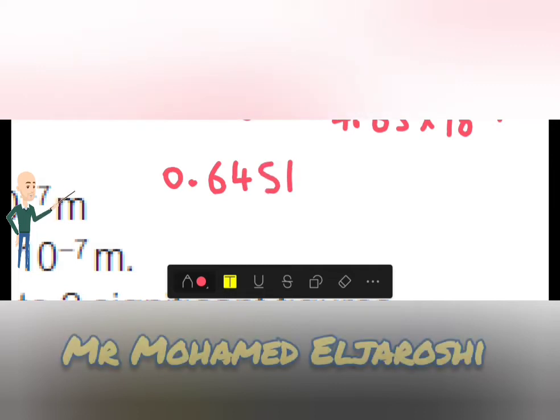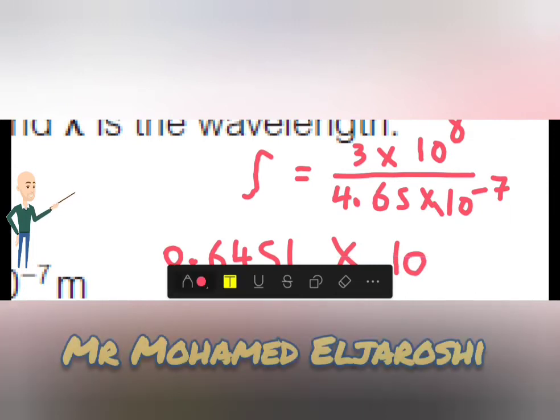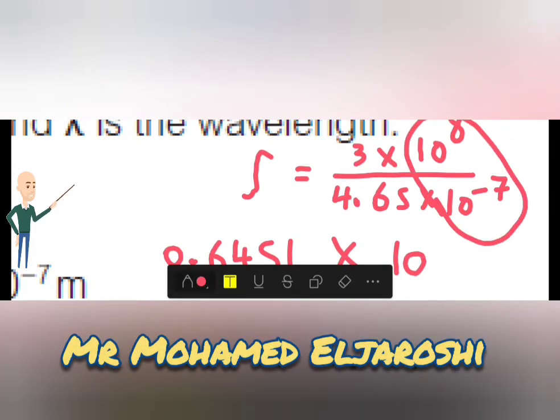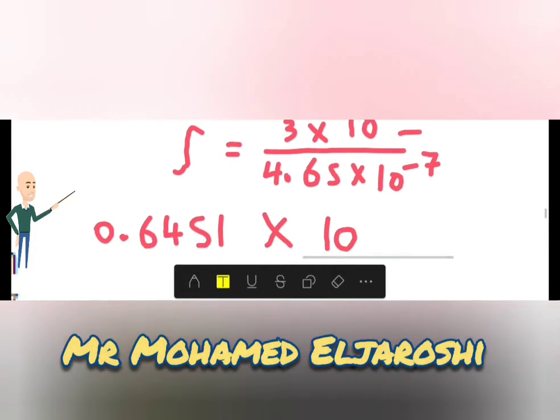Okay, multiplied by 10 with a power, and because this one is division, we subtract the powers, so we put minus between them here. So 8 minus -7 is going to be 8 plus 7, same idea, 15.